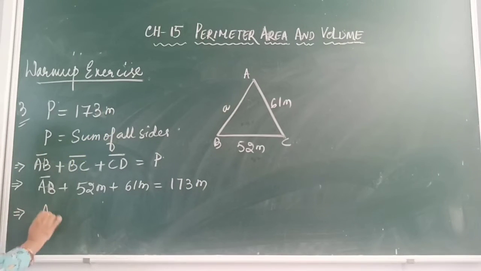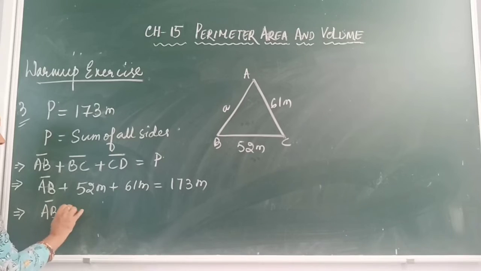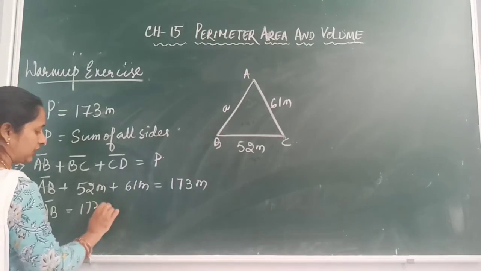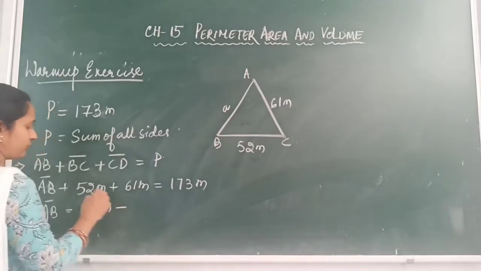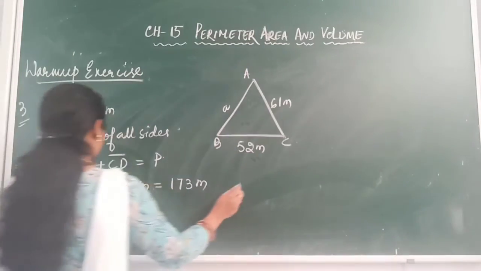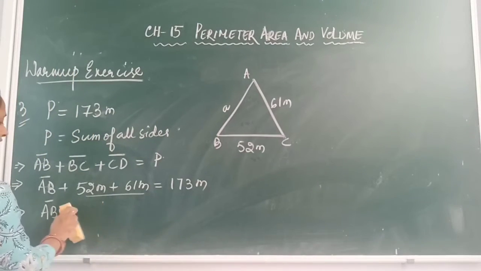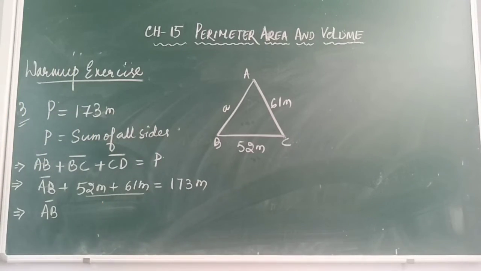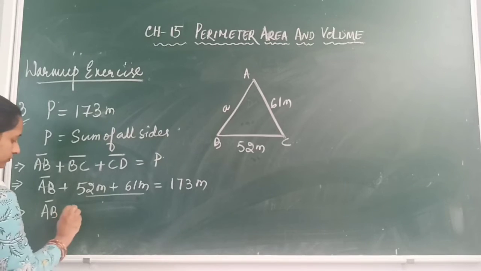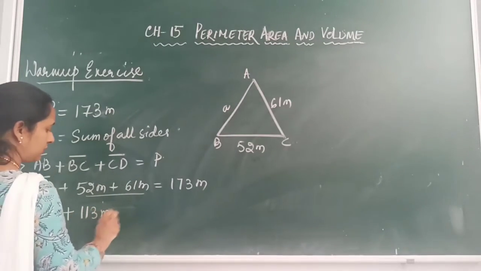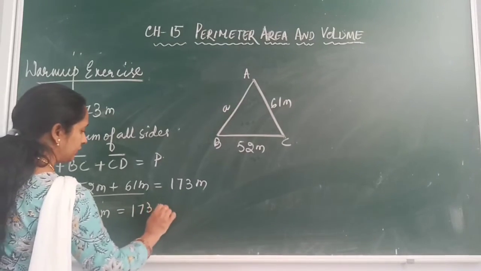Now, we want the length of AB. So let us transpose the rest to the RHS. So here 173 meters minus the sum of these two, 52 plus 61. Let us solve it here. Write down the sum of these two first. 113 meters is to be subtracted from 173 meters.